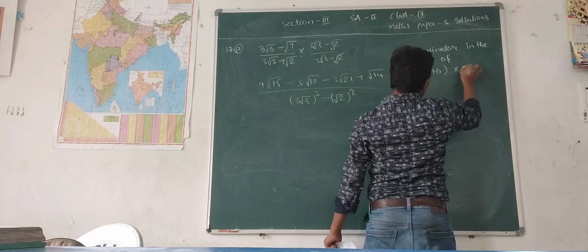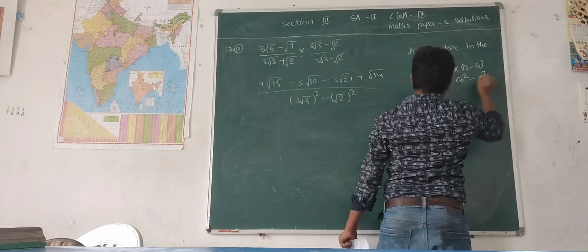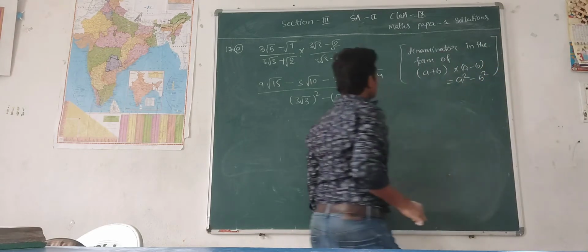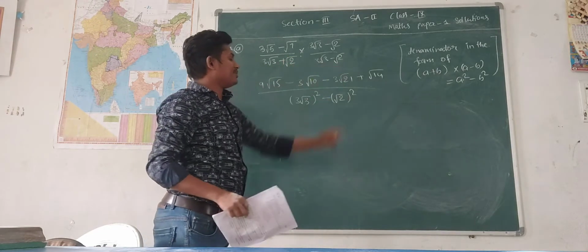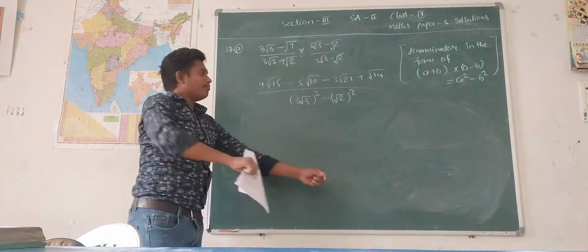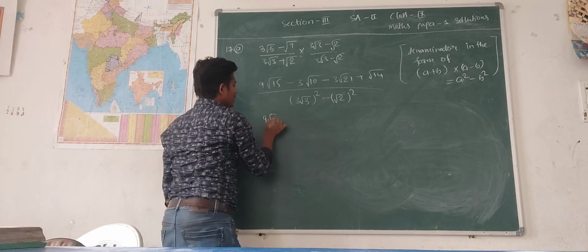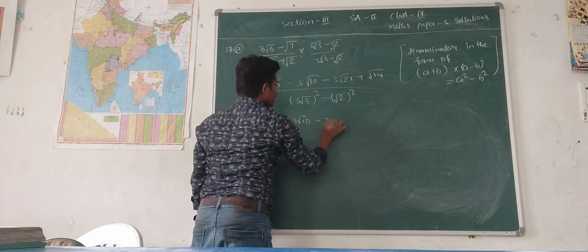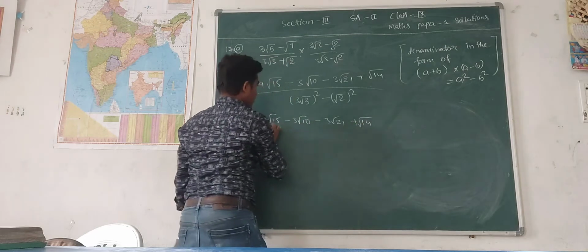A plus b into a minus b is a square minus b square. Next, the numerator: 9√15 − 3√10 − 3√21 + √14.